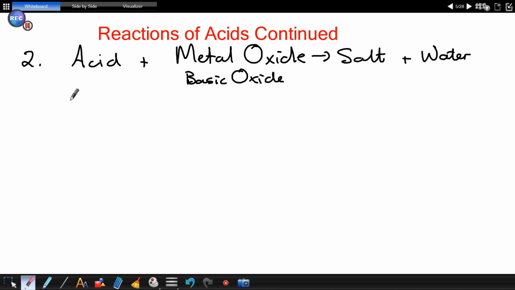Here, your acid can react with any metal oxide. For example, let's choose an acid. Phosphoric acid.